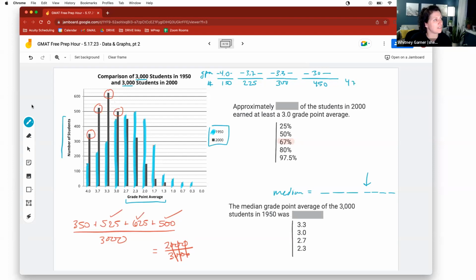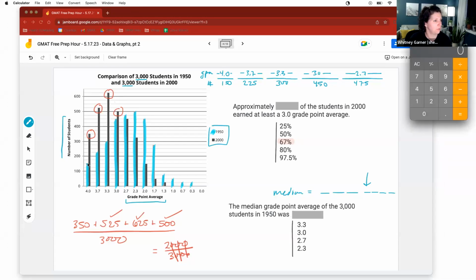The question is, have I gotten to my median yet? What do y'all think? This would be my 2.7 GPA. Yeah. So what I'm going to do is figure out how many people are in each group, and keep lumping groups together until I hit 1,500 people.